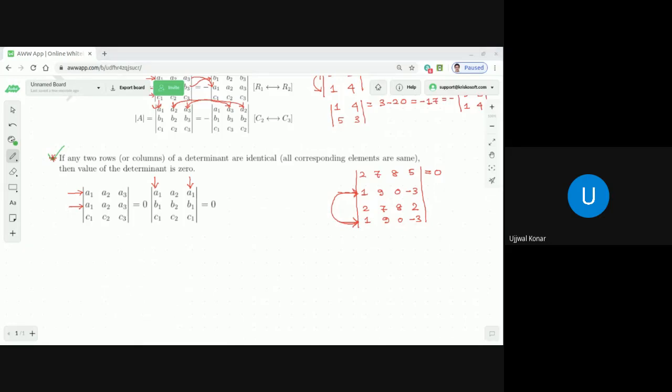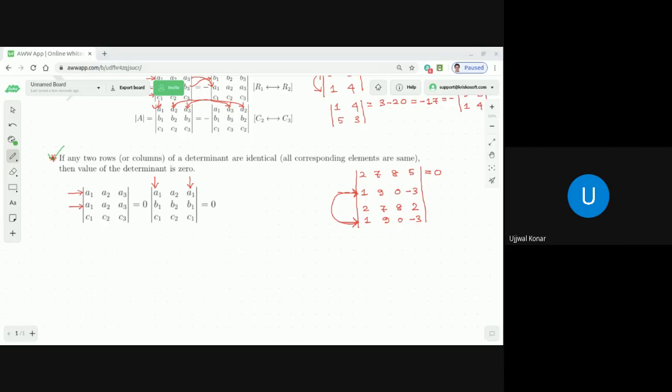The next point, dear students, is that if each element of a row or a column of a determinant is multiplied by a constant k, then its value is multiplied by k. So let me show you by means of an example and also through the theory.